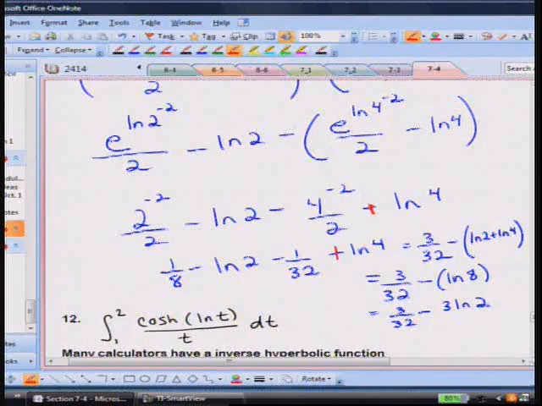All right, so I've got a negative here and then a negative here, which made that a positive. So this is 1/8 minus ln 2 minus 1 over 32 plus ln 4. All right, so this is 3 over 32.